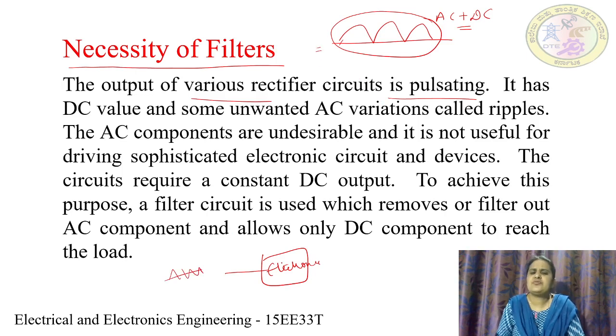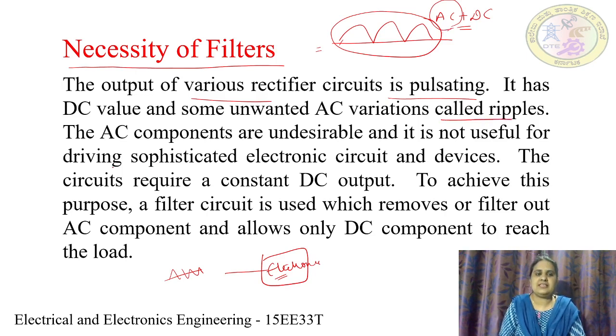So it is very difficult for the electronic circuits to identify properly whether it is the output of a filter or it is something else. Therefore it is very important for us to remove the unwanted ripples from this. The ripple or AC component has to be removed, because that will disturb the electronic device, which is not desirable for us.